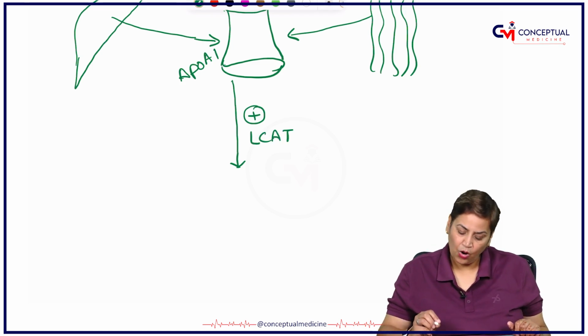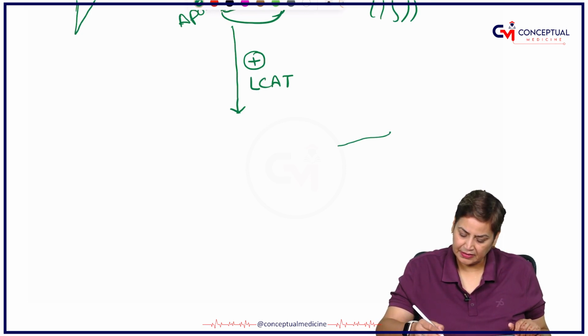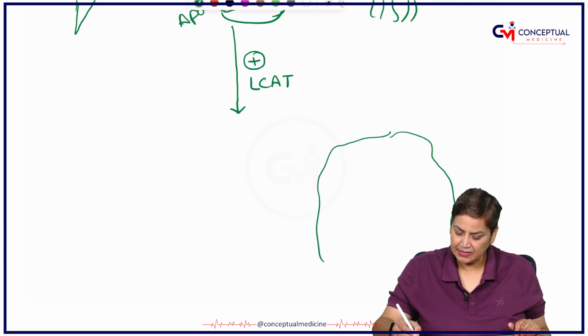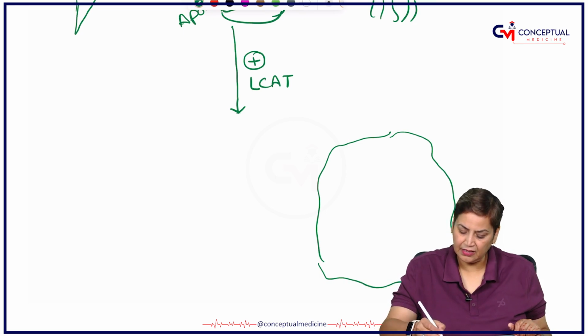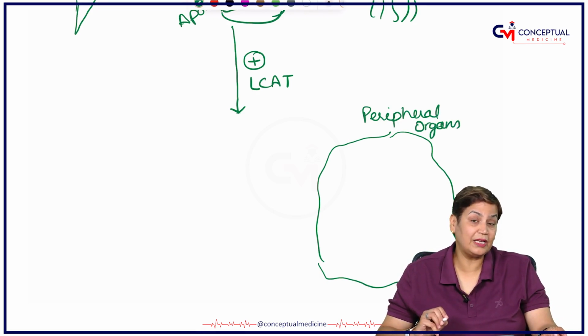One thing. On the other hand, if we talk about the peripheral organs, say these are the peripheral organs. Here also cholesterol has to be converted into cholesterol ester, plain and simple, because what is the function of HDL?